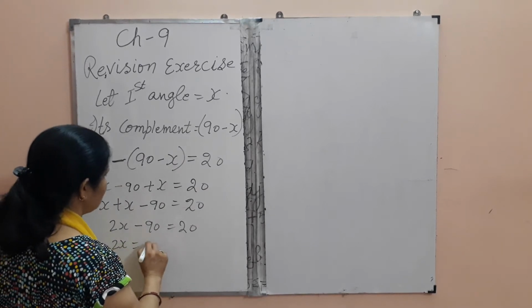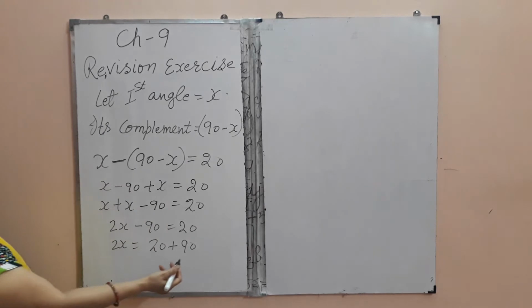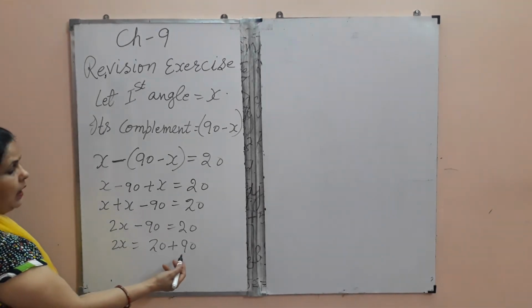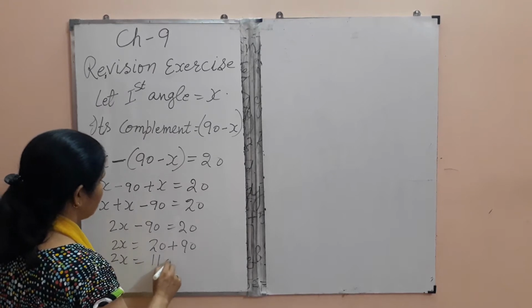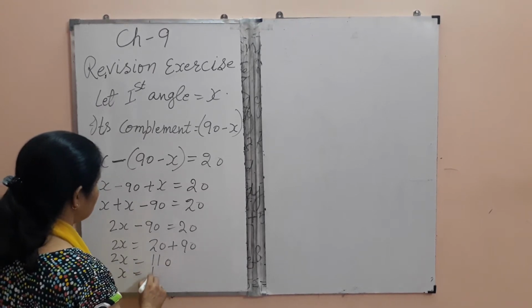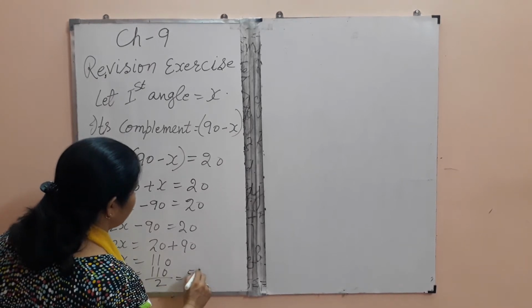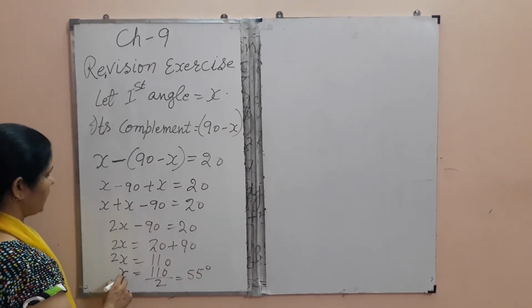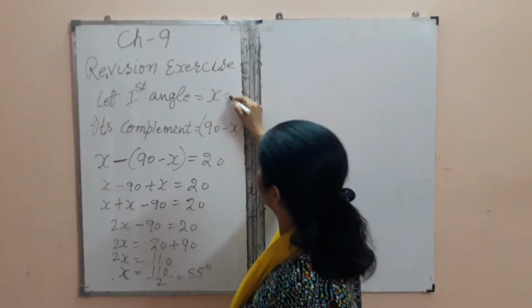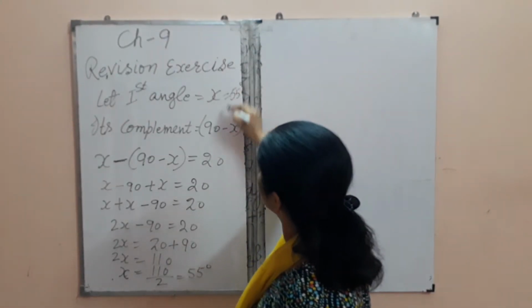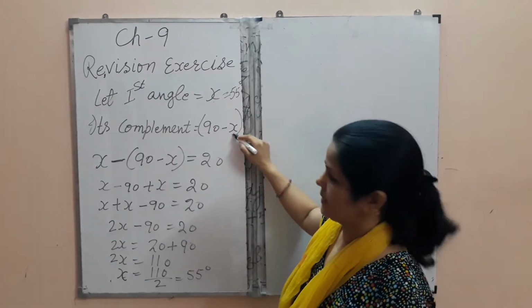2x equals to 20 plus 90. It is minus here, so when it goes to that side, it will become plus. 2x equals to 110. X equals to 110 upon 2 equals to 55 degree. So the value of x is 55 degree, means one angle is 55 degree and for another angle we will put the value of x at the place of x.